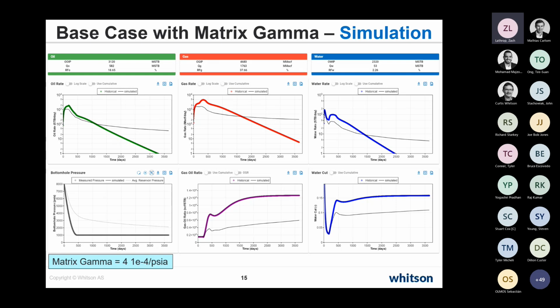But I remember that being a challenge and a discrepancy: we didn't want to reduce the matrix perm uniformly in the whole system. It almost seemed like it needed to be more of a pressure dependent skin or change in FCD, something more near the fracture. But directionally I agree with what you're saying, something that would have more of an impact where you would think more of the effective stress is changing as you deplete.